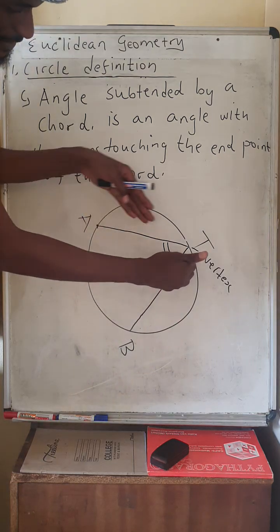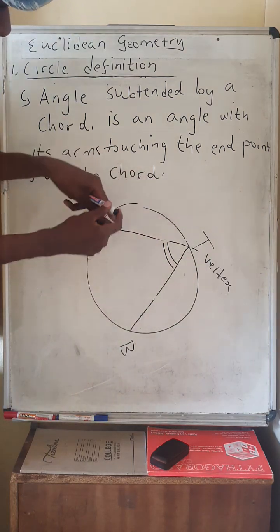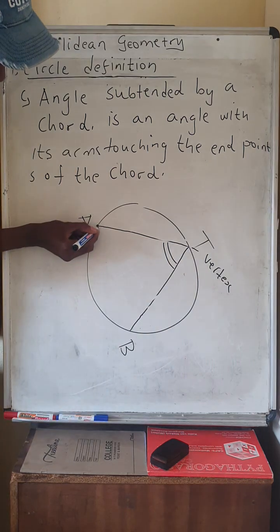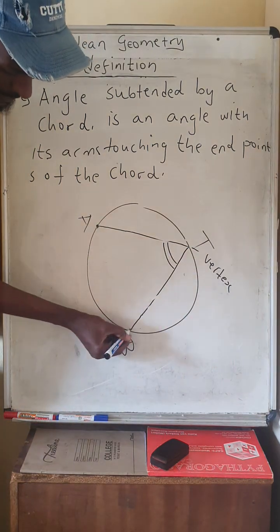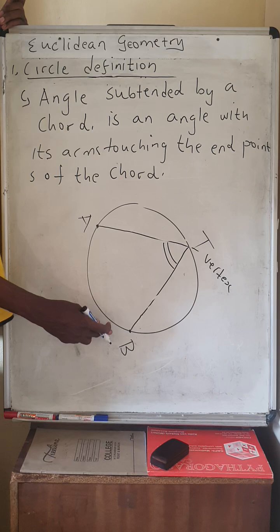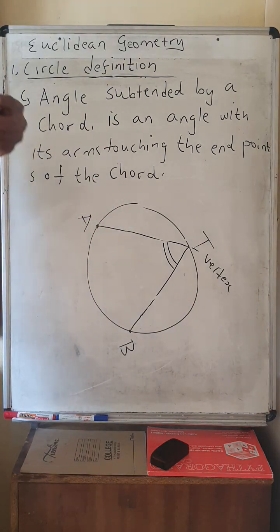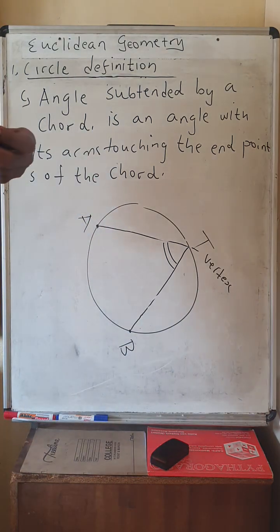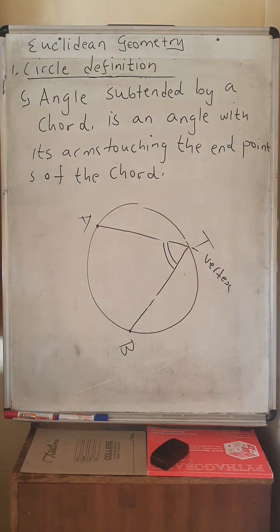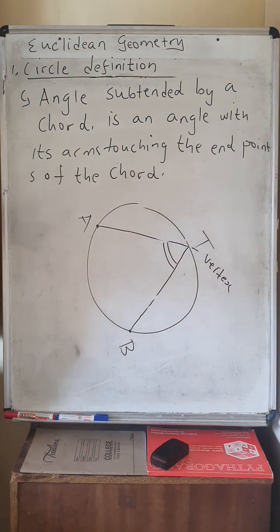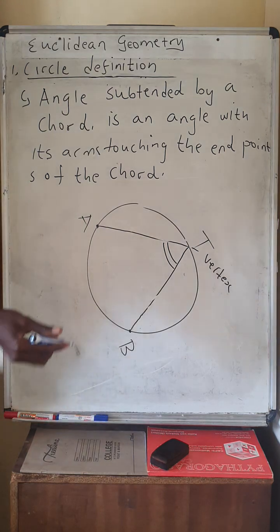Yes. As you follow them from the vertex, this arm touches the circumference at A, and the other arm touches the circumference at B. So when you've got a situation like this, you can now think about an angle subtended by a chord. But it will only work if these two points are joined. There is a line segment joining them.